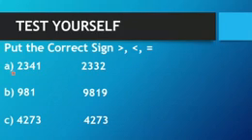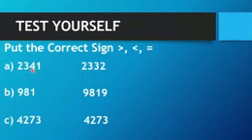So how will we compare? We will just see the first leftmost digit of the first number. The leftmost digit is 2. Here also it is 2. The digit at the hundreds place is 3. Here also it is 3.